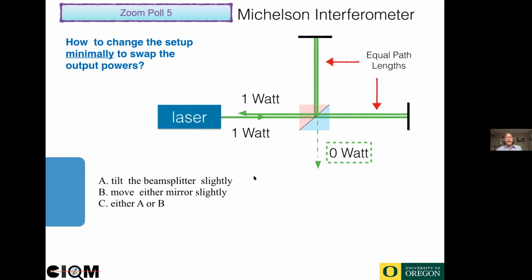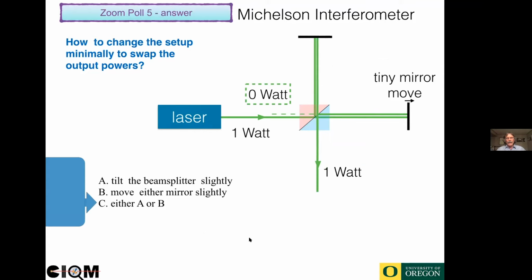Now tilting the beam splitter is a little bit less obvious, but if you think about it hard enough, you'll realize that when you tilt or rotate it a little bit, it has nothing to do with gravity, but you're changing the path lengths slightly on these two different paths. I'm not 100% sure, but I think if you do the geometry correctly, you'll see there's a small change. So I say either one is correct. But B is the important one because that we can really control.